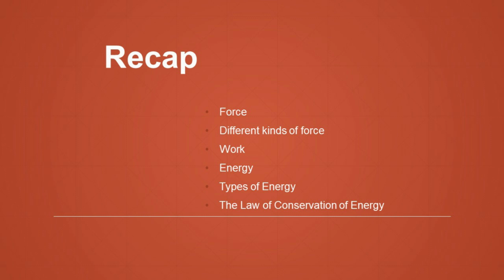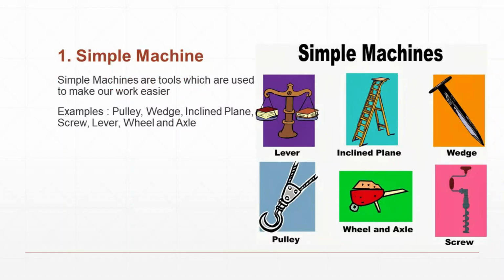Under this we are going to learn about pulley, inclined plane, wedge, screw, wheel and axle, lever. Under lever, we are going to learn about three types of lever, that is class 1 lever, class 2 lever and class 3 lever. Now let us start today's lesson.